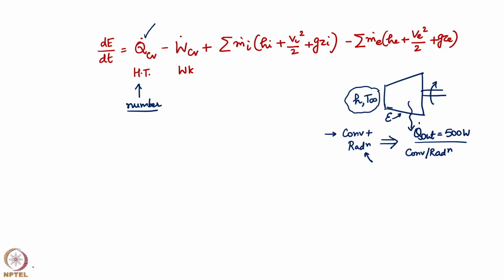Conduction essentially refers to, so if I have two walls, the entire wall is at temperature T1, and this is at a temperature T2. Let us say this is the window, outside is minus 10 degrees, inside is 30 degrees.